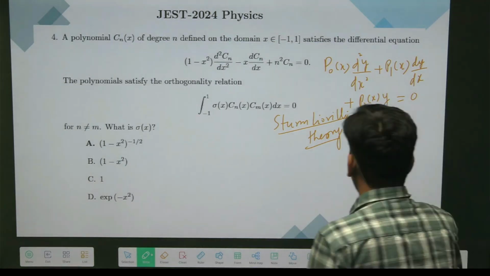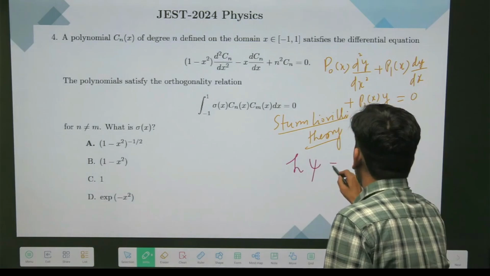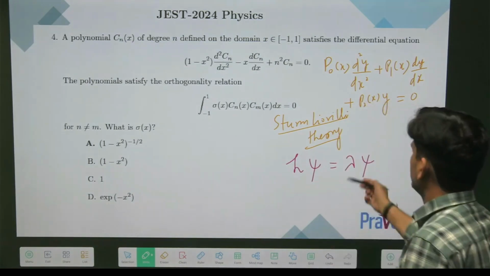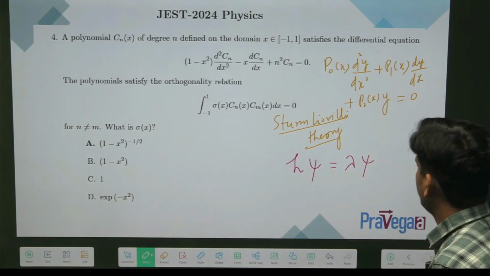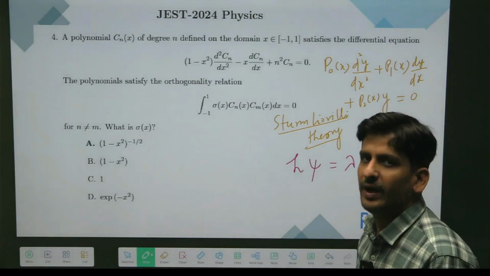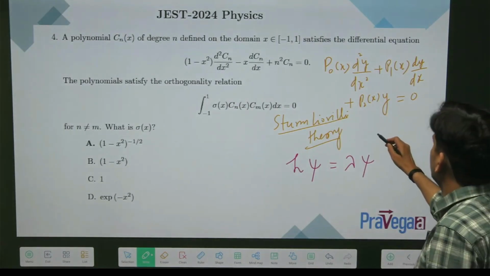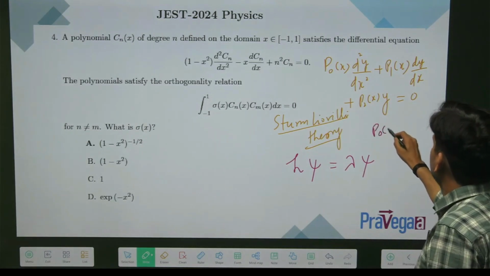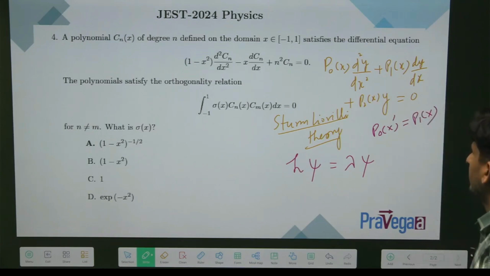For example, if I have some operator L psi equal to lambda psi, such problems are handled using Sturm-Liouville theory, and the solutions are self-adjoint in this case. So how can you test that? If the derivative of P0(x) is equal to P1(x), then the equation is self-adjoint.